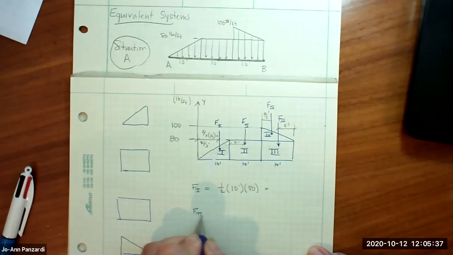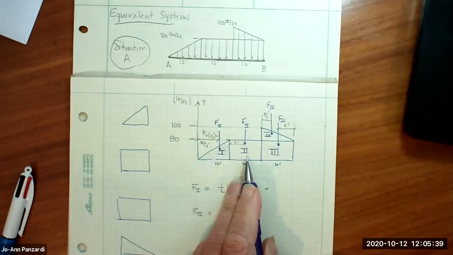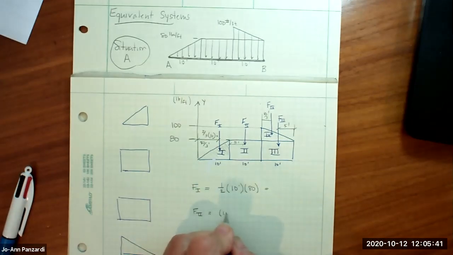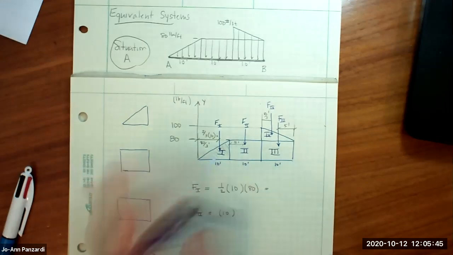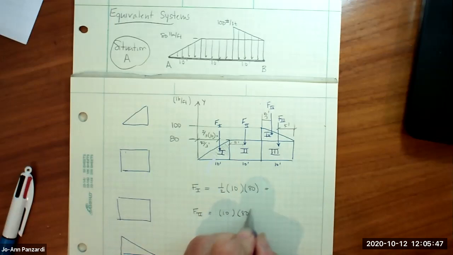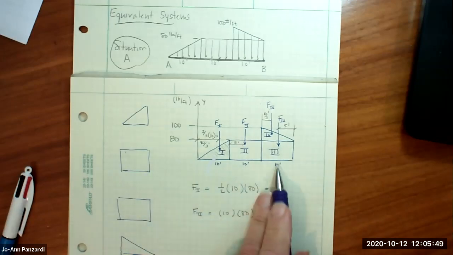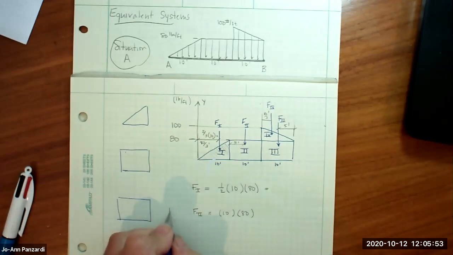F2, the area of this is going to be base times height, so it's going to be 10 feet. Well, let's just not use the units until the end like we have always been doing. 80. And isn't F3 the same? F3 is still the same base times height.